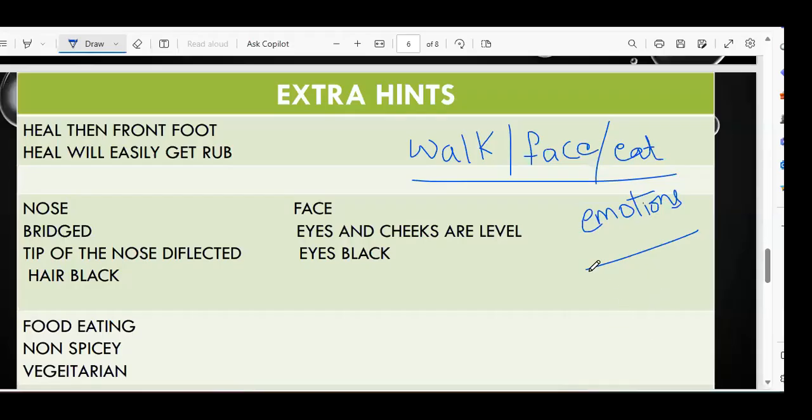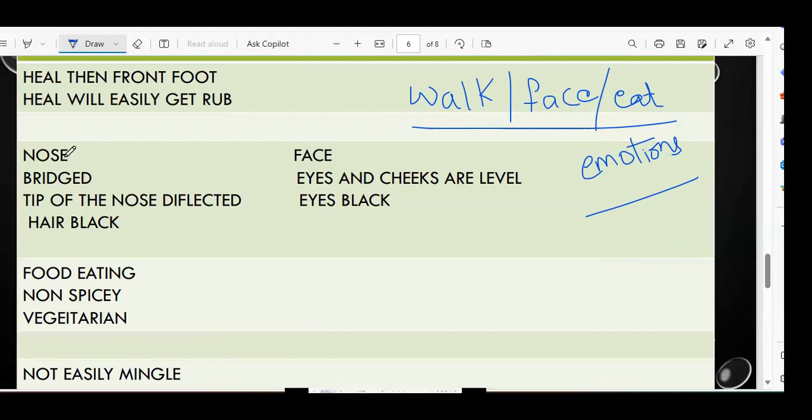First we saw the walking style. Now we are seeing the face. First his nose. Nose is bridged, like something is there and you are going down. Something is bridge type. And this is the tip of the nose.